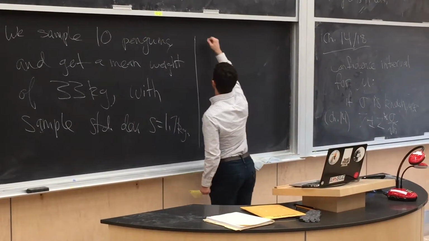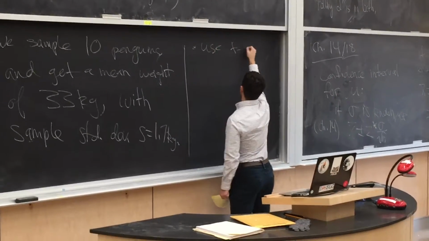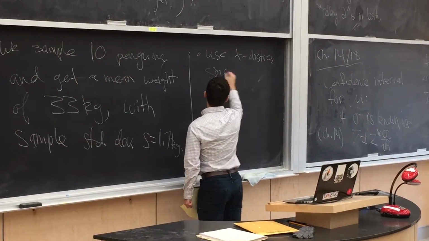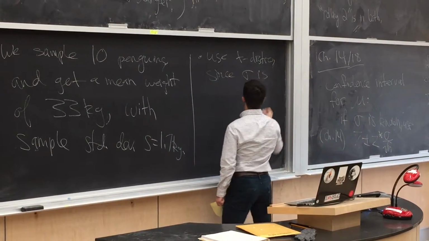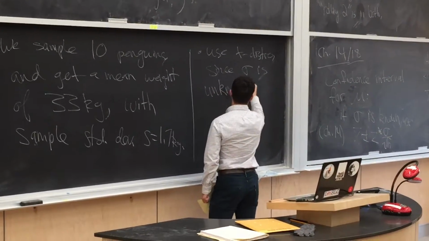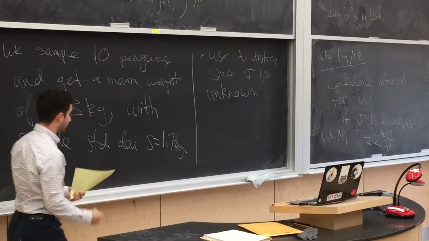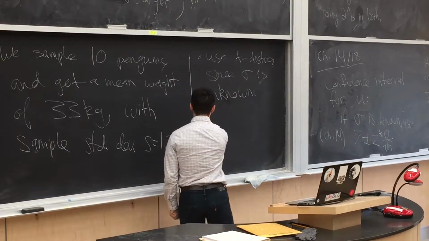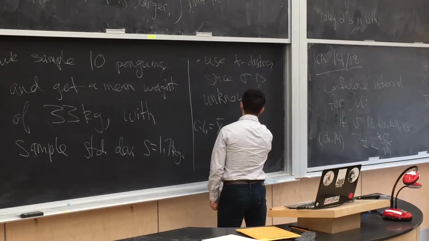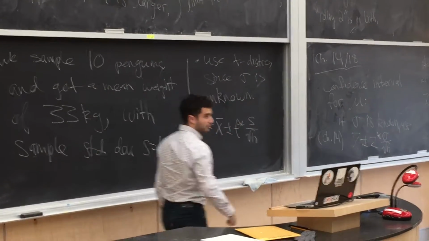So use the t distribution since sigma is unknown. Okay, so our formula is x bar plus or minus t star times s over root n.